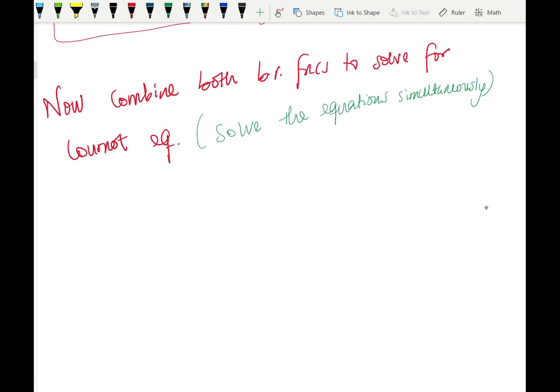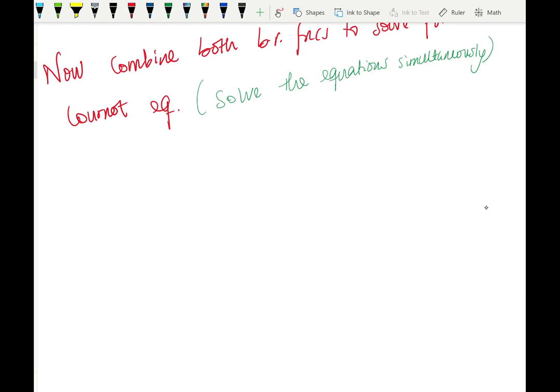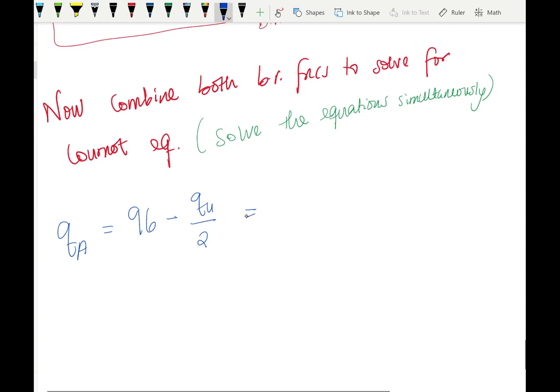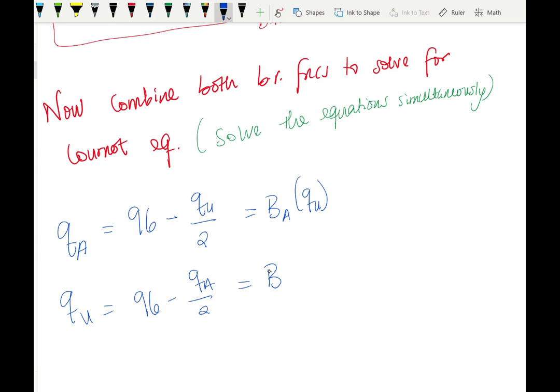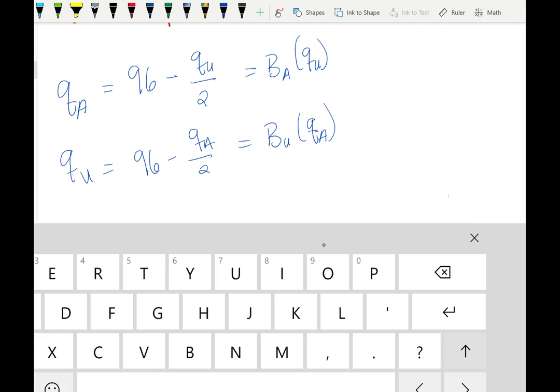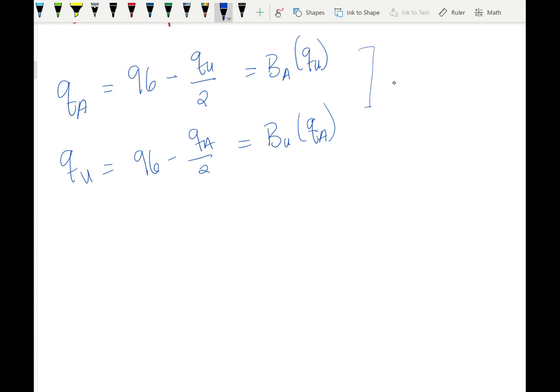What does that look like? Our two equations are QA is equal to 96 minus QU over 2. This is the best response for American given whatever United does. And QU is equal to 96 minus QA over 2. This is the best response for United given what American does. So we're going to solve for QA and QU simultaneously.